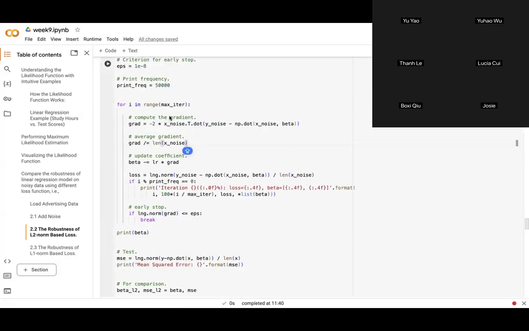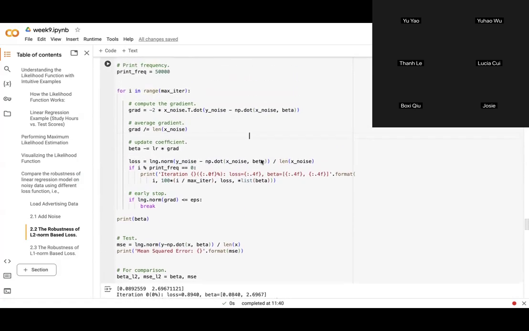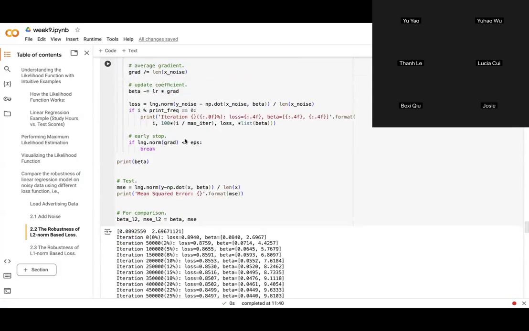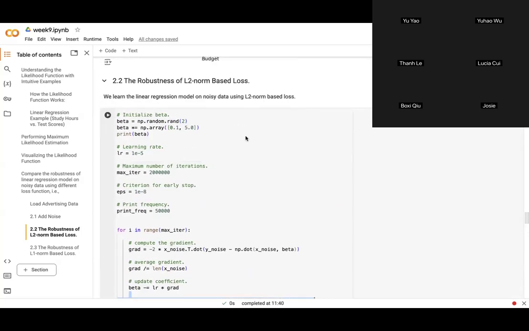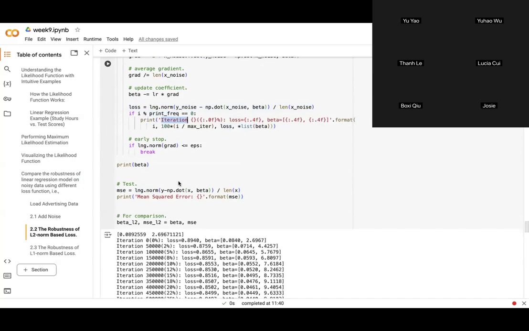For this one, we use the L2 loss function. We will compute the gradient and use gradient descent to optimize our loss. Our loss is L2. Okay, and we do the optimization with different iterations.